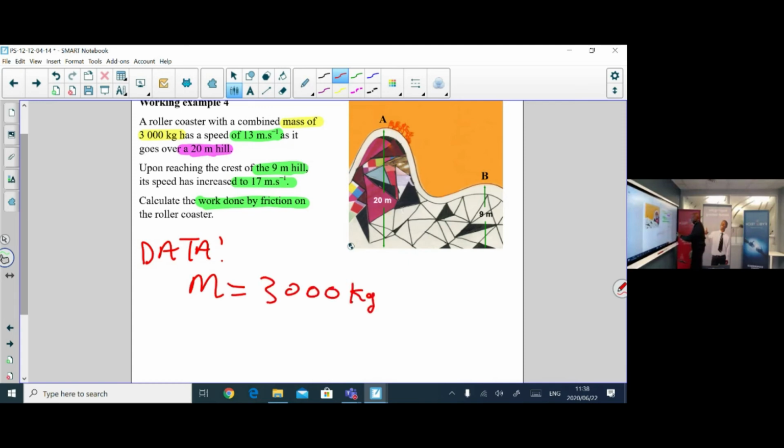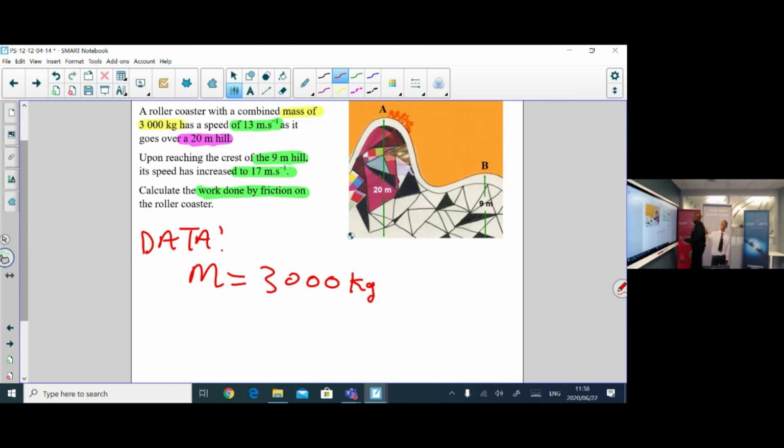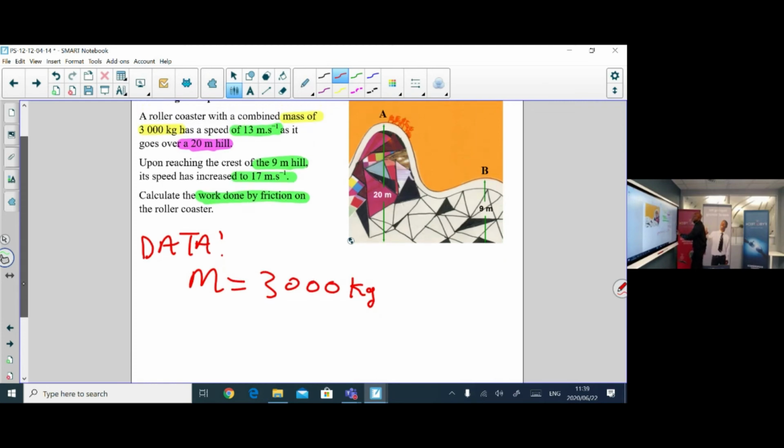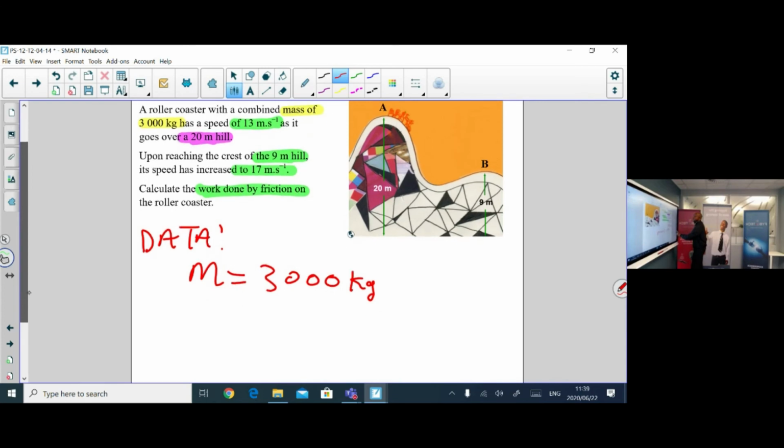That is the mass of the roller coaster at A and at B. All right. What about the other given information? We have velocity.